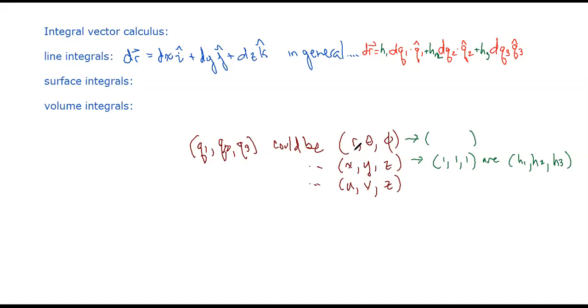Scale factors for this: r is already in units of distance, so I don't need a scale factor for that. In order to turn theta into an actual distance, I need to multiply it by r, so that would be the scale factor. And in order to turn d theta, or d phi, into an actual distance, we went through it, and aha, we have to project down into the xy plane. There's an r sine theta.